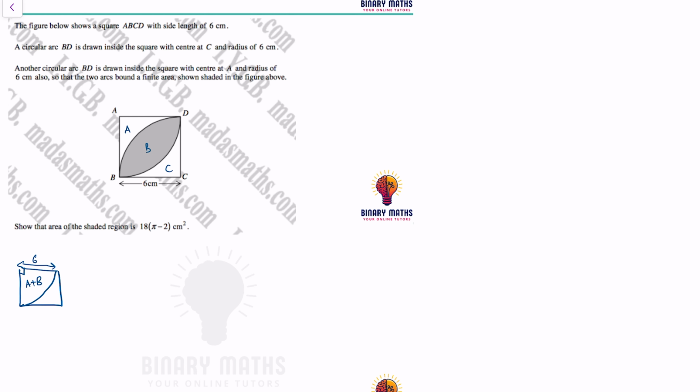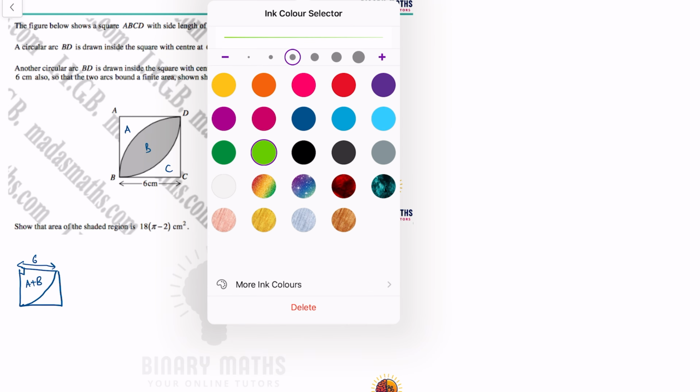If I want to work out the area of this part, let me just shade it in. Area is equal to half r squared theta, which is half times 6 squared times theta. 90 degrees is just pi over 2, which gives me a value of 9 pi. So that part is 9 pi.